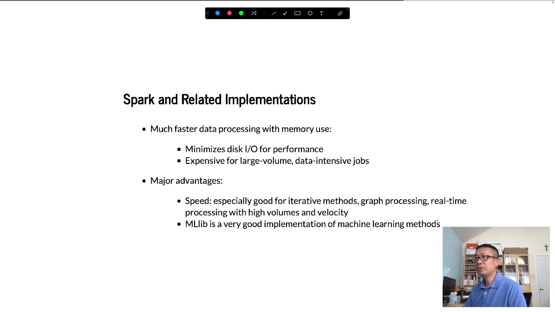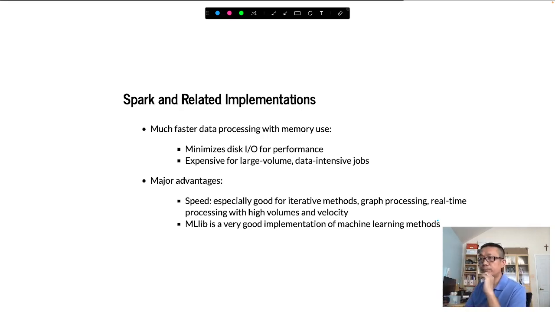It became much faster, especially with the use of memory instead of disk, because we know memory is much more efficient. Memory access can be 1,000 times faster than the disk I/O. So by utilizing memory, Spark boosts the performance of MapReduce very significantly, and of course it's more expensive for large volume data-intensive jobs because memory is more expensive to host data.